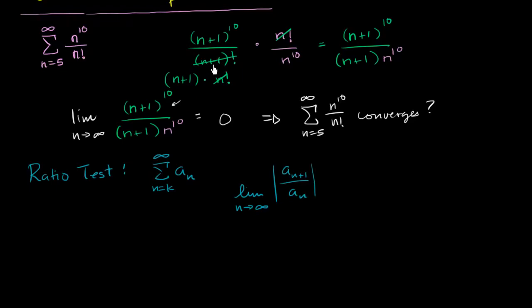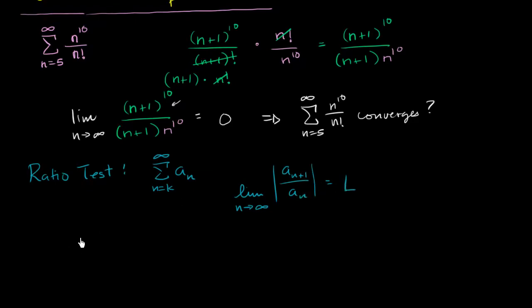All of these terms were positive, so the absolute value would be the same thing as itself. If this approaches some limit, so once again, this limit is going to be our ratio between consecutive terms as n gets larger and larger.